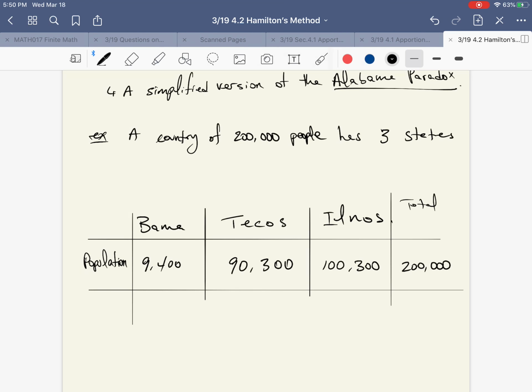Their populations are divided up respectively like that. And how many seats? That's the other thing we need to know. 200 seats to apportion.